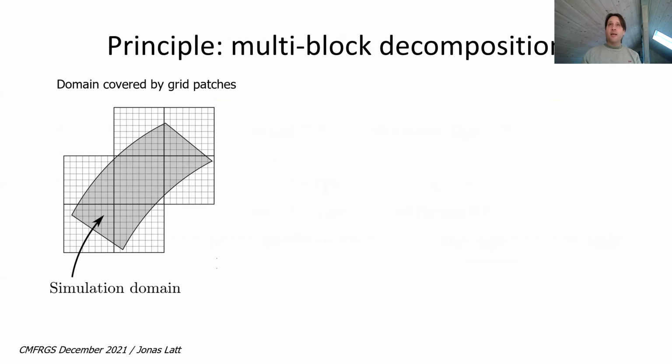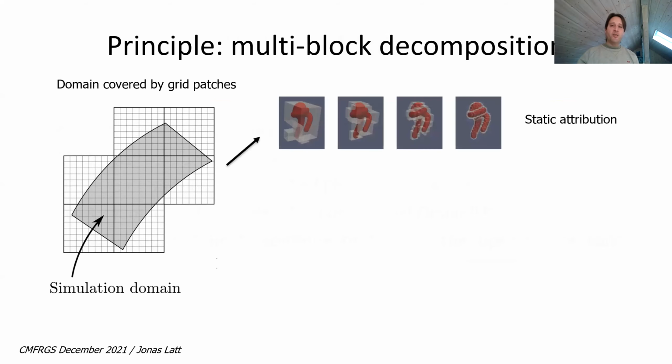The basic idea in Palabos is that you're going to have a simulation domain which is covered by grid patches, which are just pieces of regular matrices. And those grid patches just wrap your computational domain optimally. So depending on your needs, you are going to use coarse or fine patches, as you see in this example of a flow in an artery with an aneurysm.